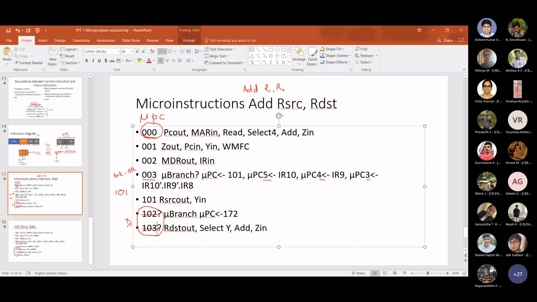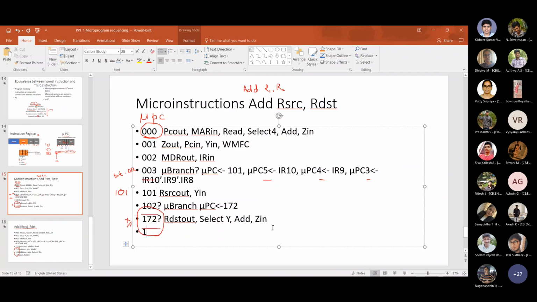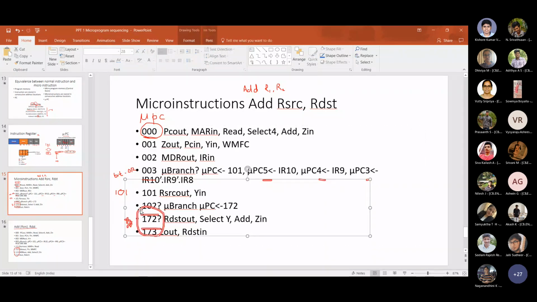This is 172. Then at 173, you will be having Z out, destination in. Okay. Is it clear?